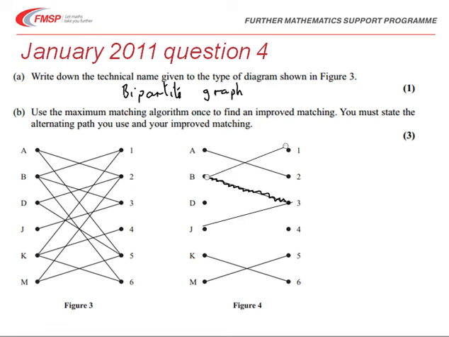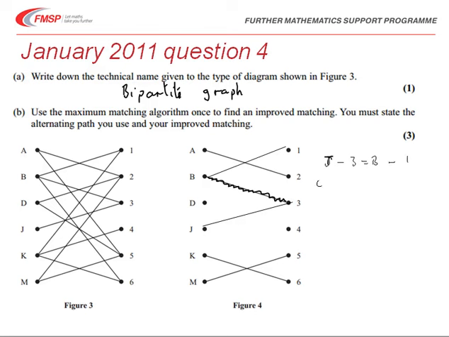So we've then achieved our aim of connecting with an alternating path J to 1. So our alternating path was from J to 3, which wasn't matched at the time, to B that was matched, to 1.